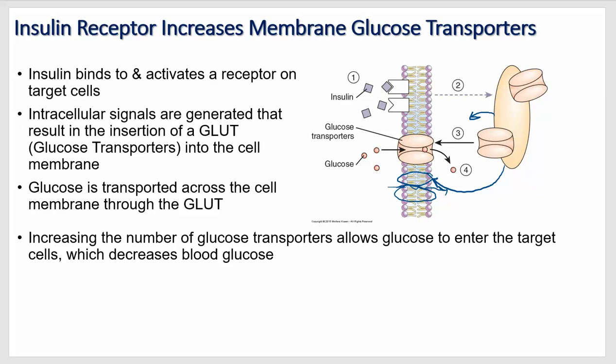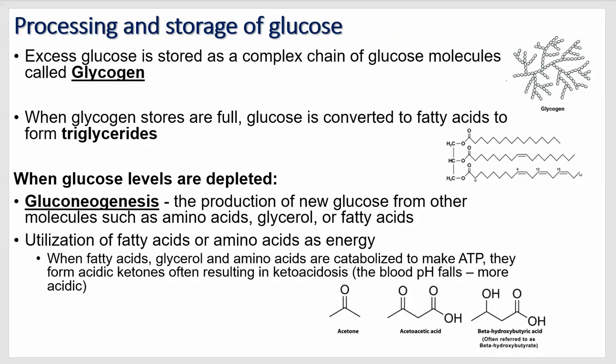Increasing the number of those transporters allows glucose to enter the target cells, which decreases blood glucose. So if you have activation, you put more of these transporters in, you have more glucose moving in, and then that glucose, of course, is turned to glycogen and stored. Okay, so that's a feature specific to glucose that is performed by insulin.